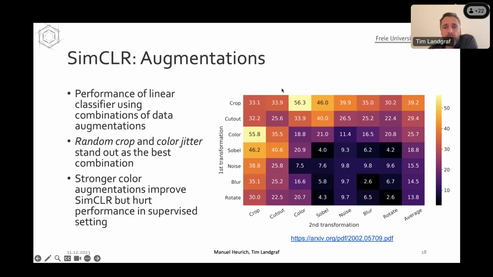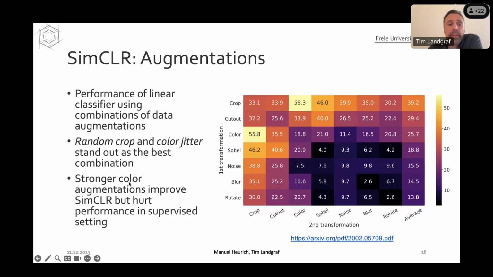And we see that cropping and color combined stands out here. And that's why they use these. I think they also used blur, but we don't see the combination of three consecutive augmentations. But that's what they use. And the choice for color and crop is really based on this analysis here.